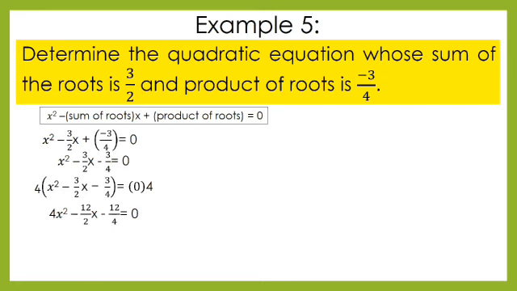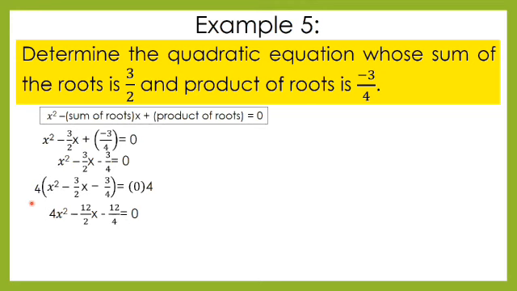We now get 4 times x squared is 4x squared. 4 times negative 3 over 2x is negative 12 over 2x. 4 times negative 3 over 4 is negative 12 over 4 equals 0 times 4 is 0.